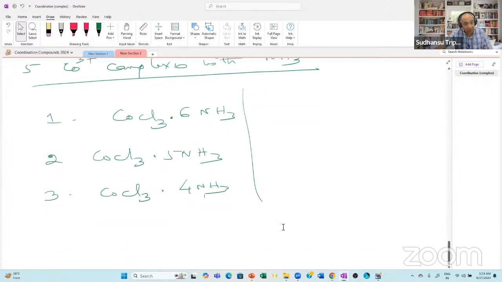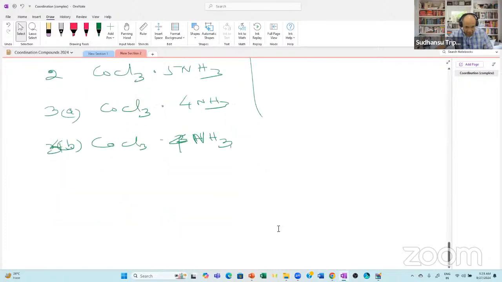Same cobalt chloride, but different proportion of ammonia. Cobalt chloride with 3 ammonia. And in the third category, 3A and 3B. And 4 cobalt chloride, 3 ammonia.